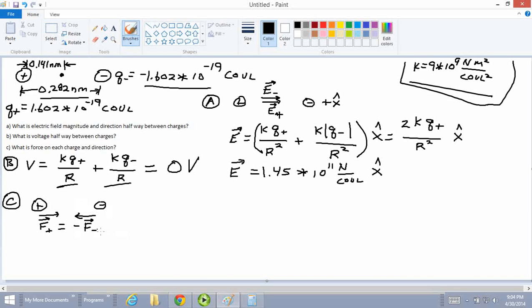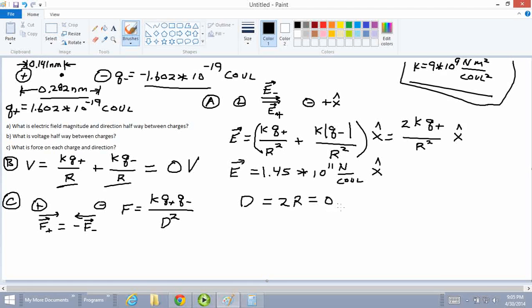This is just Newton's third law. Equal and opposite forces. So once we get the force direction of one, we get the force direction of the other, and we just simply use Coulomb's law. Force equals K Q plus Q negative over the distance between the ions squared. I'll go D squared. D is twice R.